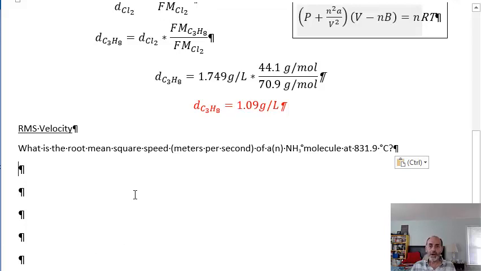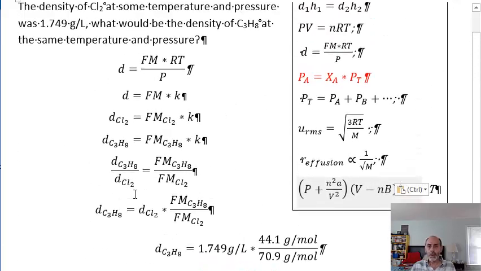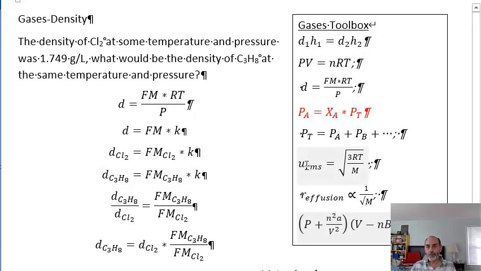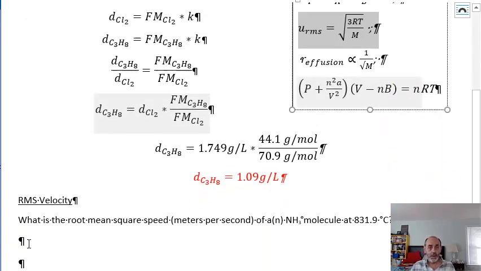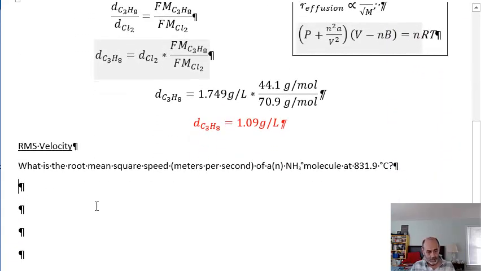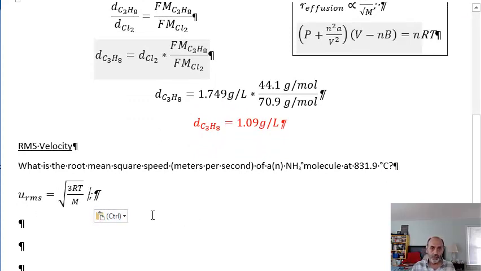So we go back to our toolbox and look for the one that deals with the velocity. U in this is the root mean square velocity, which is what we're after. So let's put that down here, and that's what we're going to use to solve this problem.